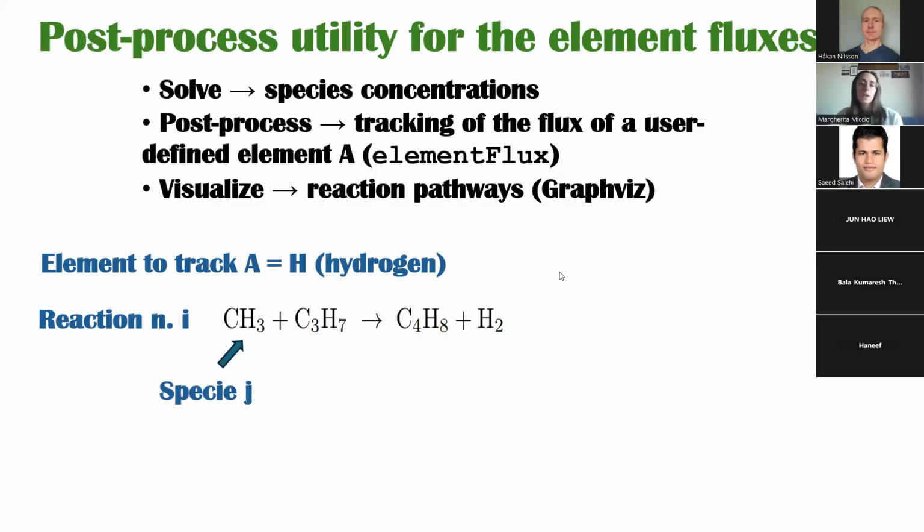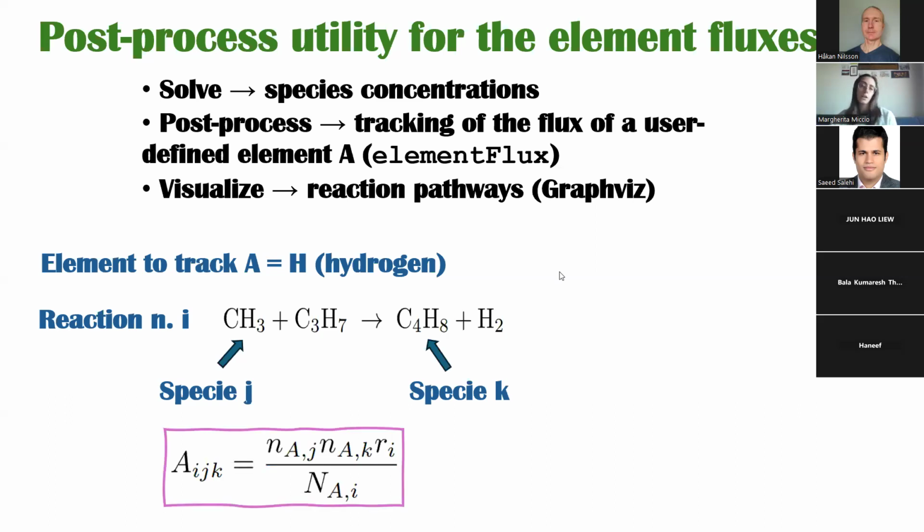We call the first reactant species J and the first product species K. And we can already calculate the element flux using this formula, where NaJ is the number of hydrogen atoms in the species J, NaK is the number of atoms in species K, and then NaI is the total number of hydrogen atoms involved in the reaction.